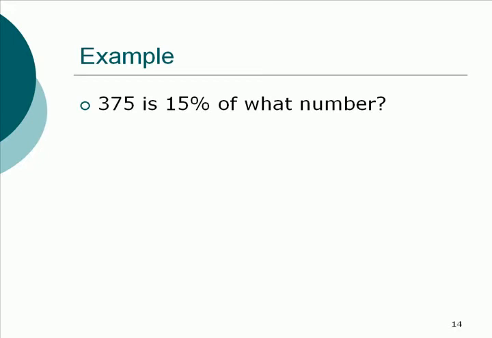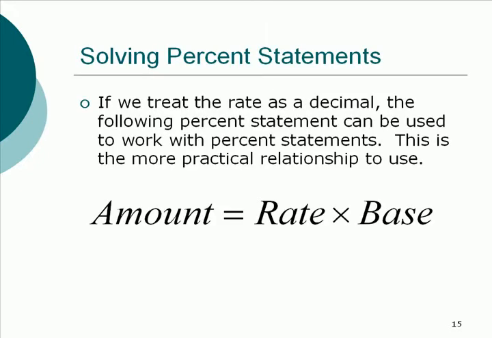Okay. Now the rest of the problems we're going to use an alternative method to solve, which is a little bit shorter and generally a little bit more practical. The thing to notice about the example that we just did is that we left that 15% as 15%. We didn't convert it to a decimal. Generally, we will.